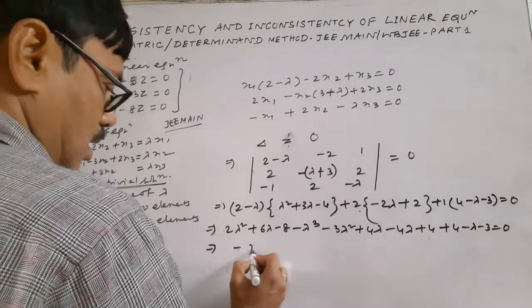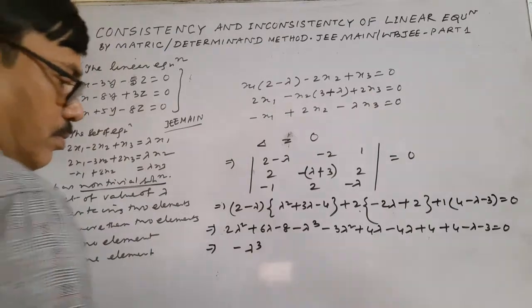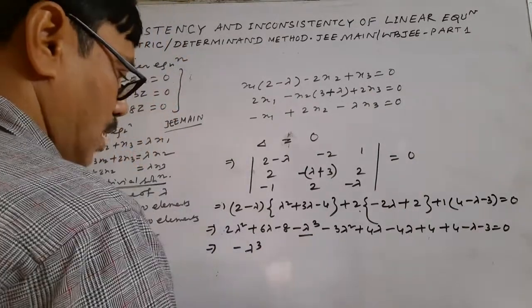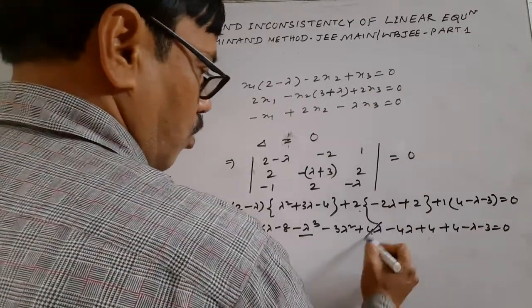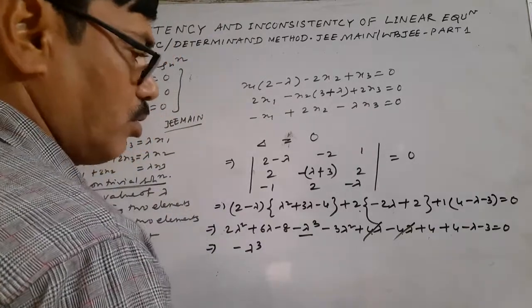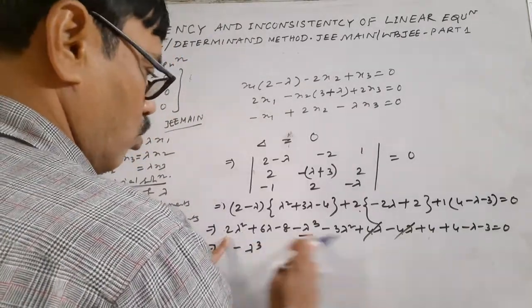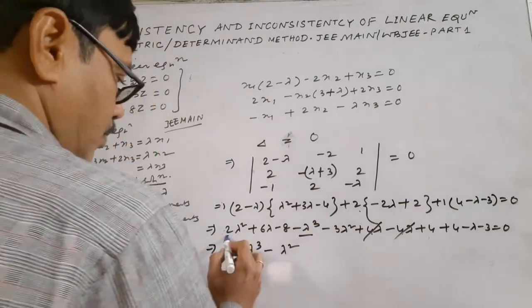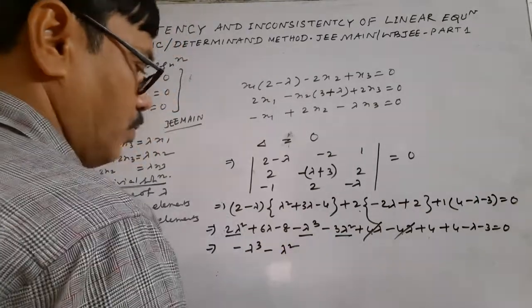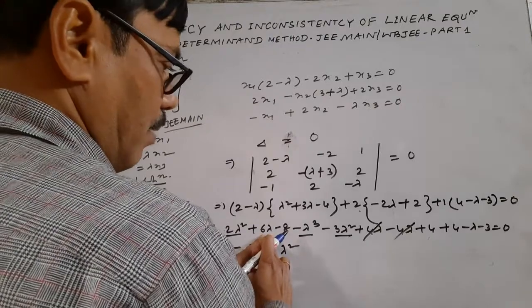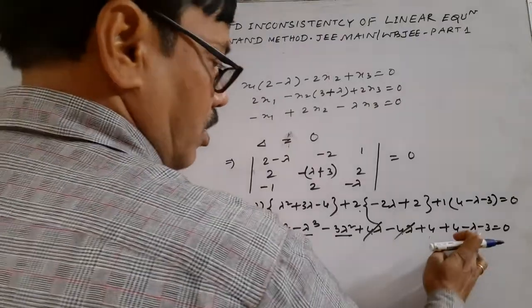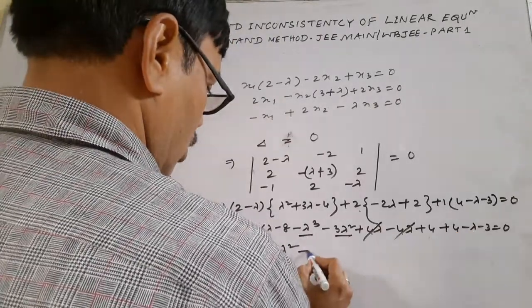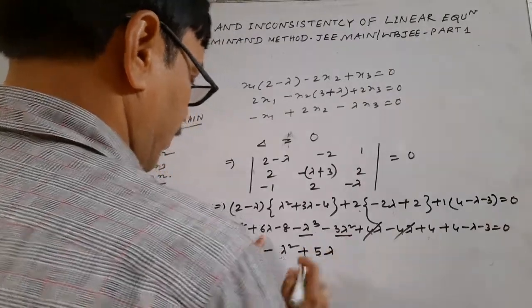So minus lambda cube, only 1 lambda cube. So 4 lambda cancel out. Lambda square, 2 lambda square, this is minus lambda square, so lambda square. So 6 lambda, this is minus lambda, so 5 lambda.